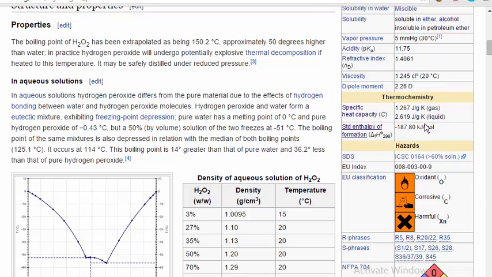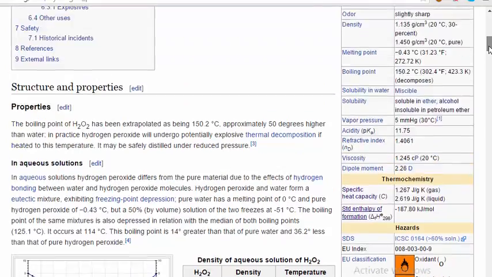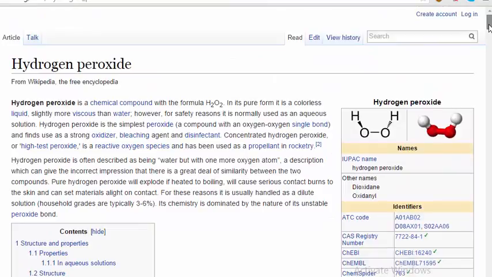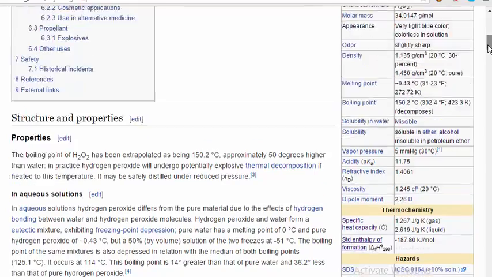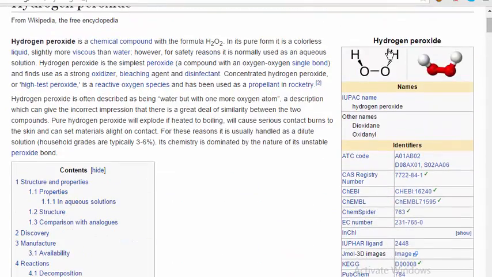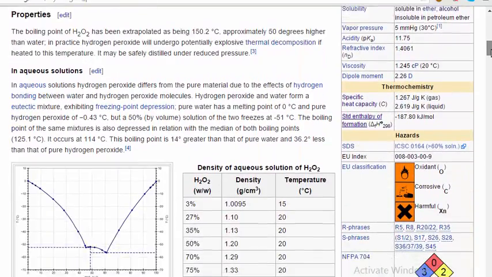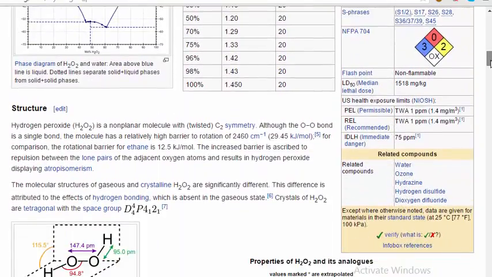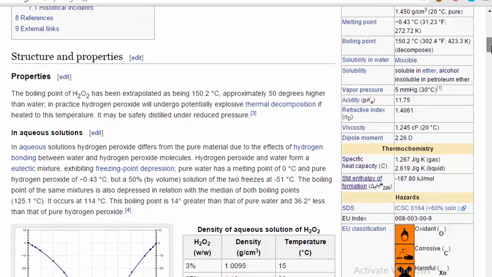negative 187.8 kilojoules. Now you might ask, but wait, you just said it was positive. This is the enthalpy of formation. That is the amount of energy it needs to form this compound. So to go in the opposite direction, it would be the negative of this.